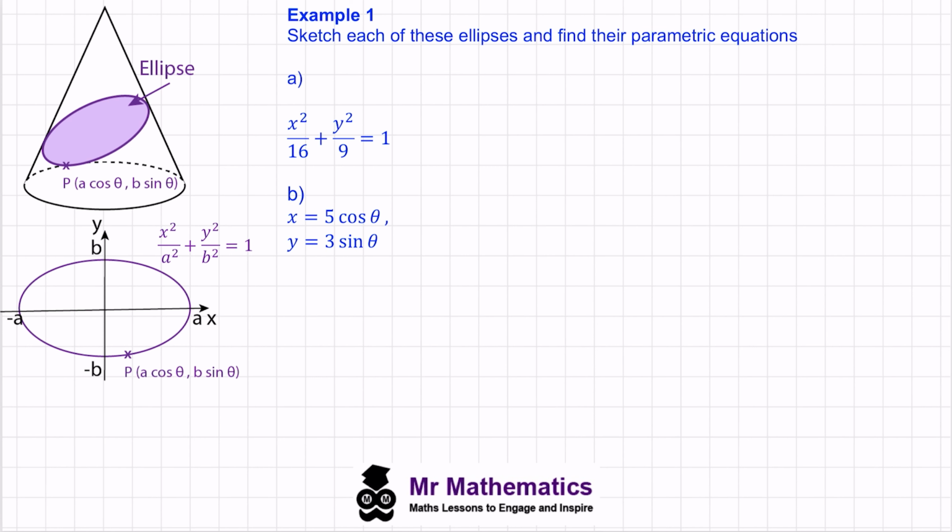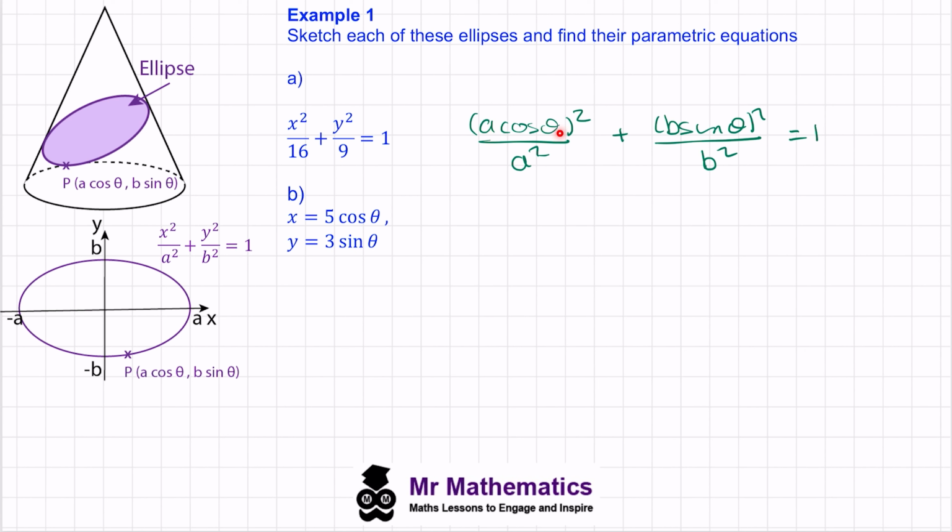And we can see how these parametric equations work. If we were to substitute a cos theta into x, we get a cos theta all squared over a squared, plus b sine theta substituted into y, so b sine theta all squared over the constant b squared, and this will equal 1.